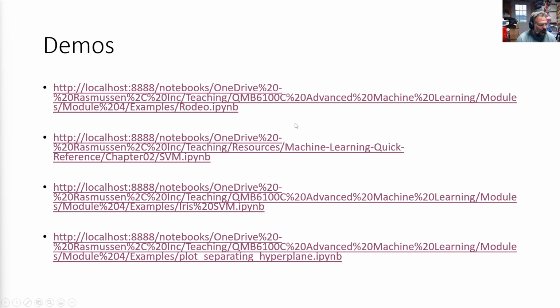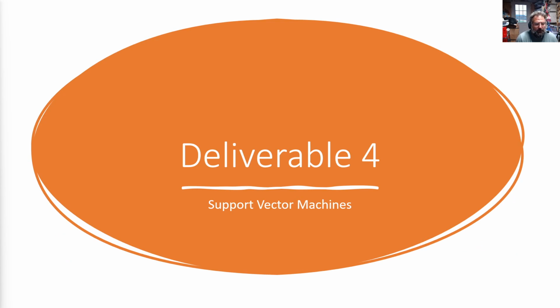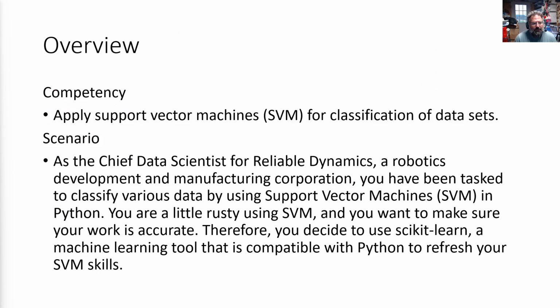Moving on to the deliverable for Module 4. It has to do with support vector machines, go figure. So the competency is to apply support vector machines for classification of data sets. So you're a chief data scientist at Reliable Dynamics, a robotic development and manufacturing corporation.